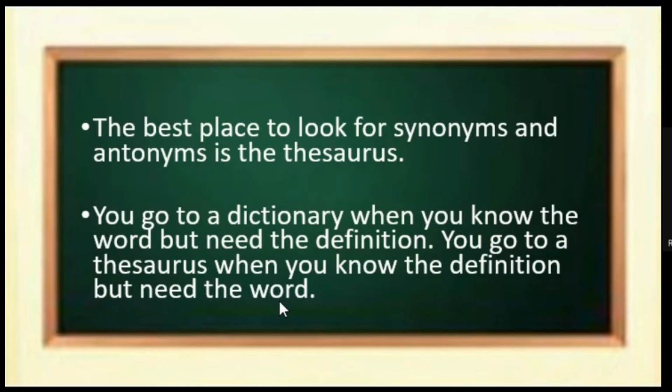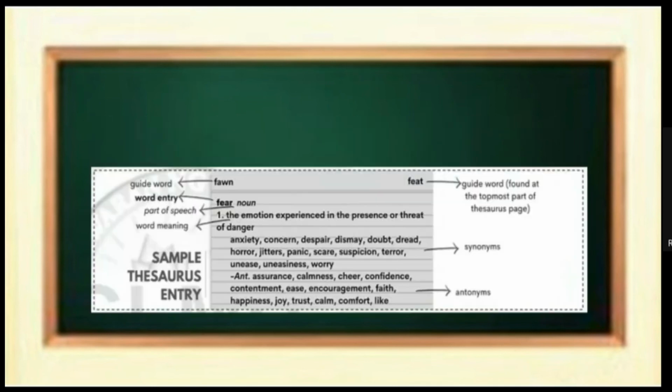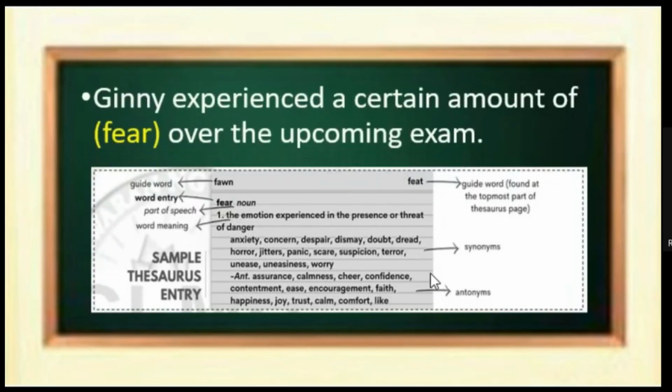So you have to find the correct term. And where do you go? If that's the case, you go to the Thesaurus. Why? It's because it's the book that will give you its synonyms. So you have a lot of words to choose from. And finally, you can find the most appropriate word for your sentence. Okay? So this is an example of the Thesaurus entry.